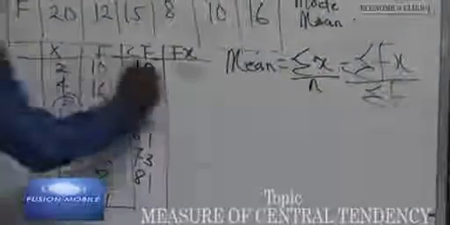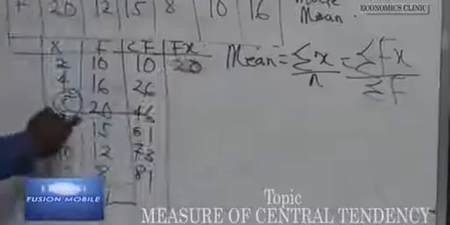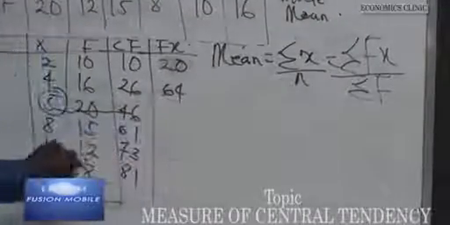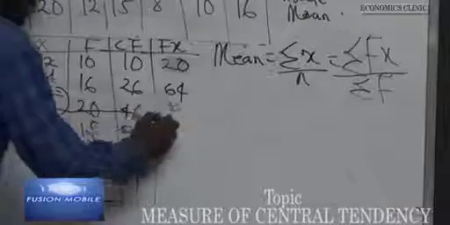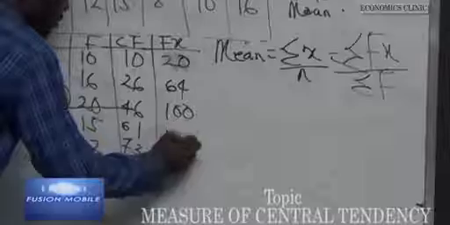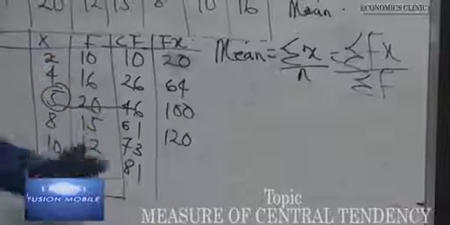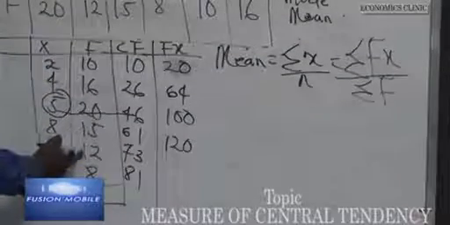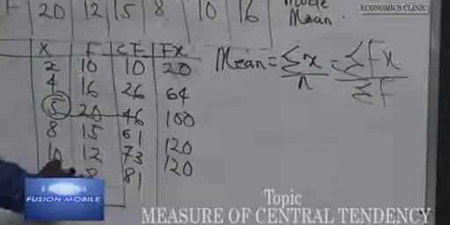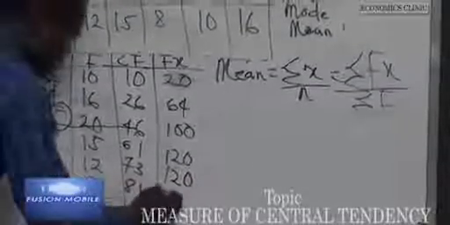10 times 2 here is 20. 16 times 4 is 64. 20 times 5 is 100. 15 times 8 is 120. 12 times 10 is 120 also. While 8 times 12 is 96.